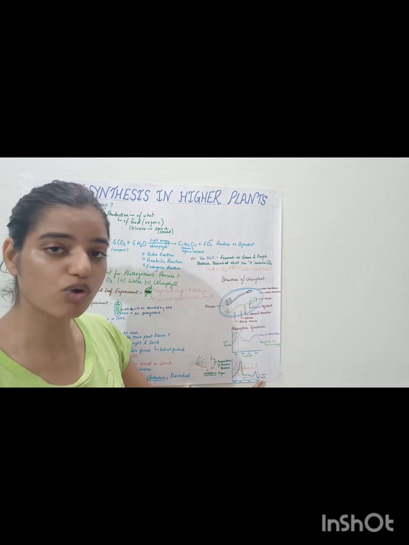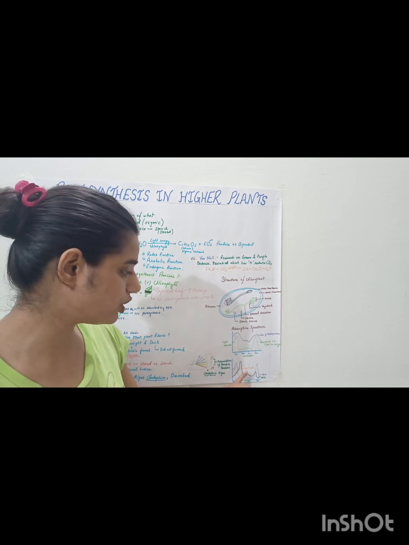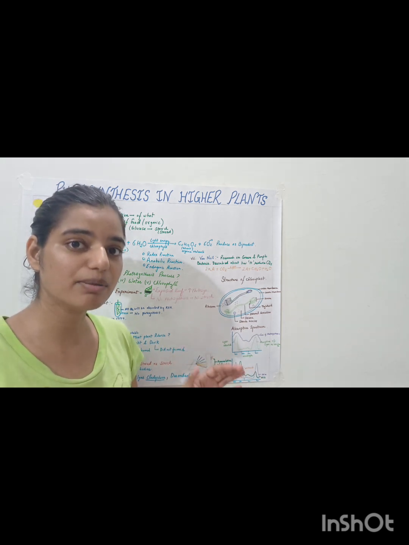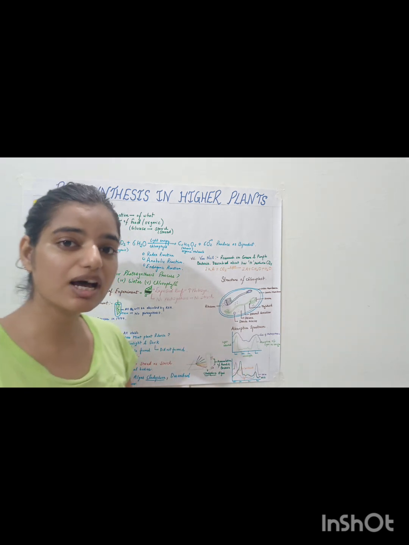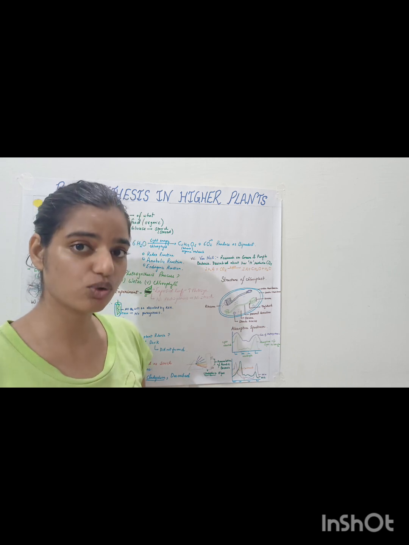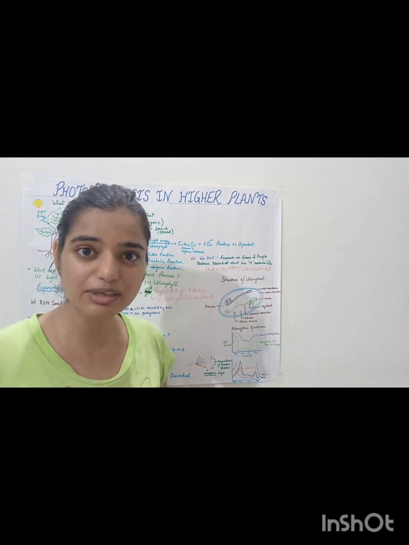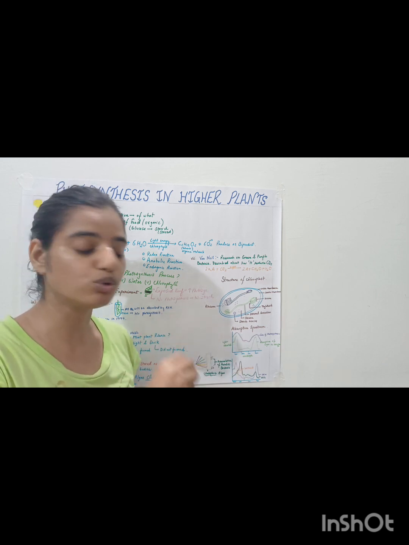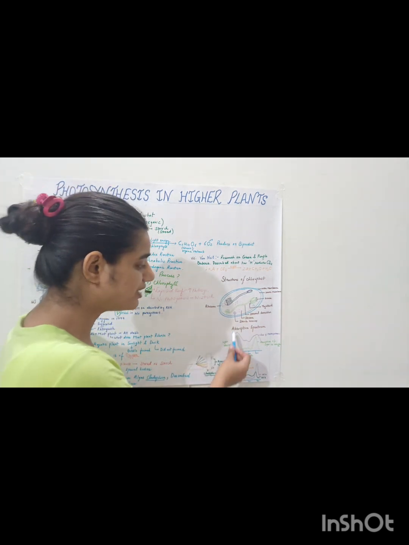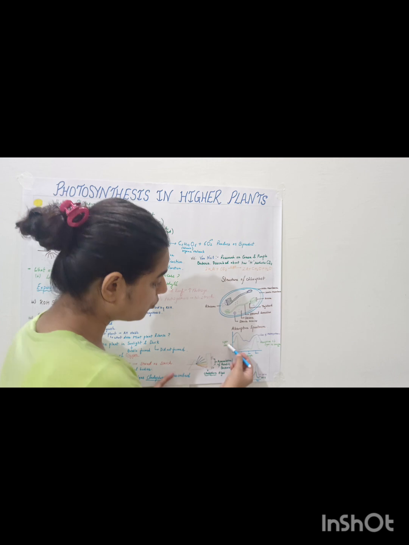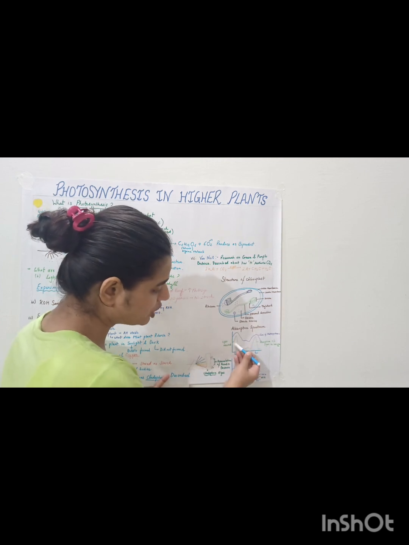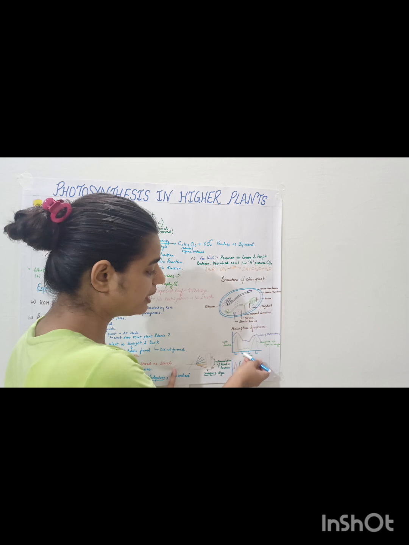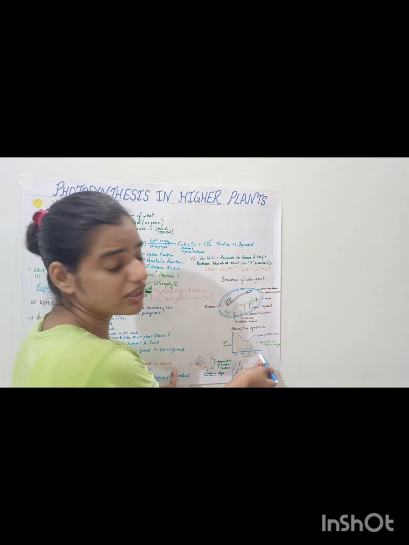Then we have other pigments, chlorophyll b and carotenoids, which have their own wavelengths of maximum absorbance. The pigments other than chlorophyll a are known as accessory pigments because they help chlorophyll a in the process of photosynthesis. In this chart we can see that the maximum absorbance is shown by chlorophyll a in the region of 400 to 500 nanometer and between 600 to 700 nanometer.